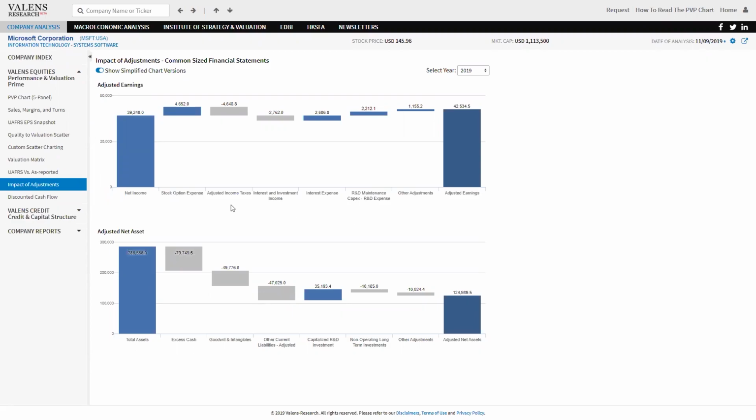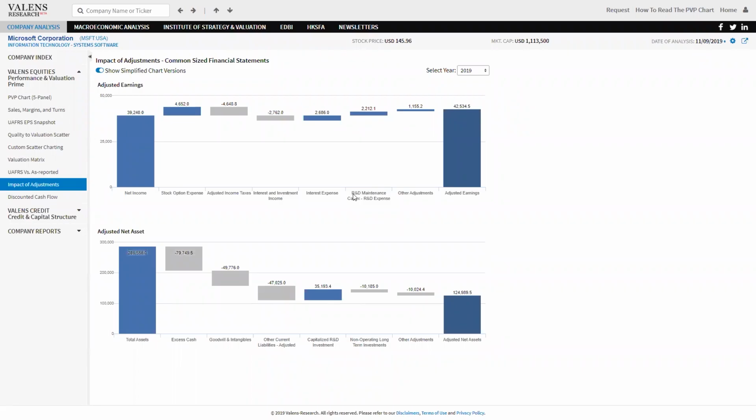On top of that, Microsoft's taxes are actually slightly understated based on what normal tax rates would be for them because of distortions around NOLs, interest tax shields, and other issues. Another adjustment we make is we capitalize R&D under uniform accounting, because of the matching principle, which anyone who's ever been a CPA or taken an accounting class would have learned: you should recognize expenses in the same period that you recognize the revenue they're related to.